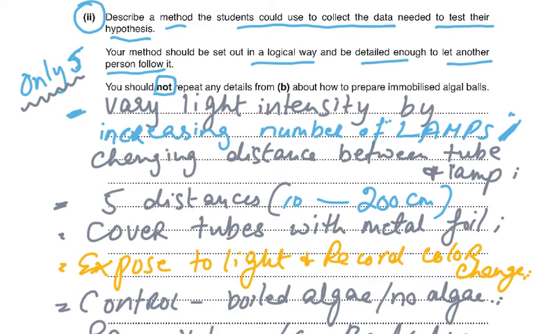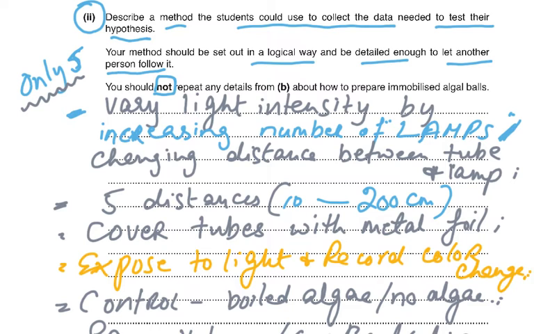So the first thing is, let's talk about the independent variable. You only have to give me 5 points out of all these which are given. First of all, you have to say how you are going to vary the light intensity, by either increasing the number of lamps or changing the distance between the tube and the lamp. And then you give me 5 distances, and the 5 distances could be anything between 10 and 200 centimeters because they've given you 25 centimeters in the diagram.